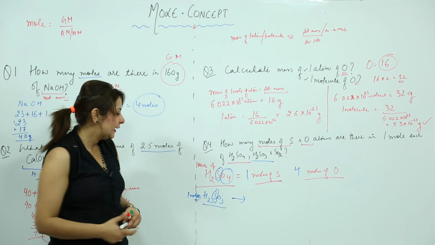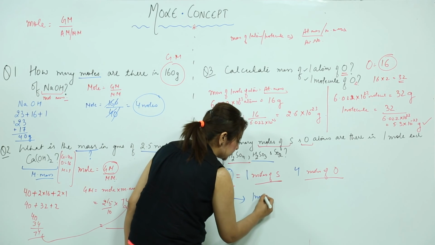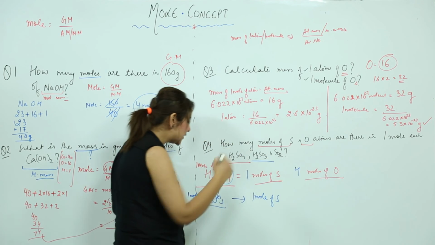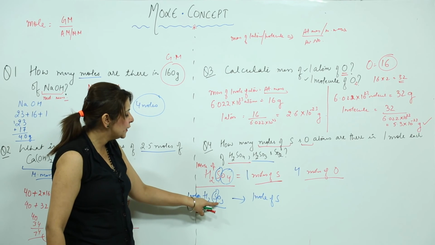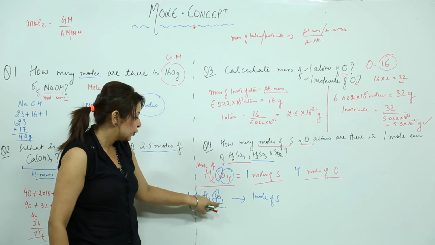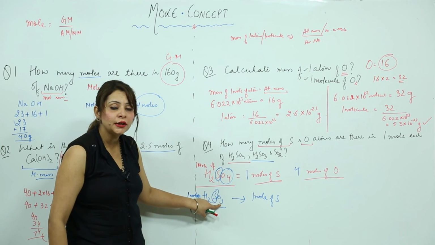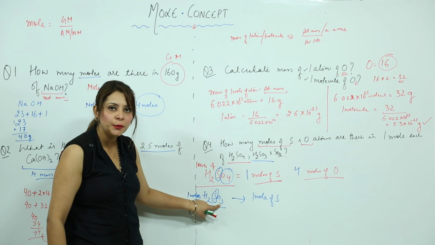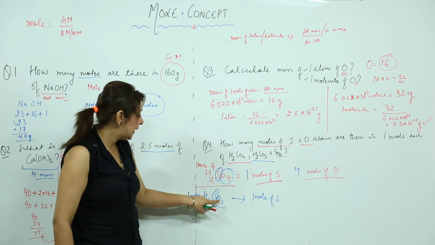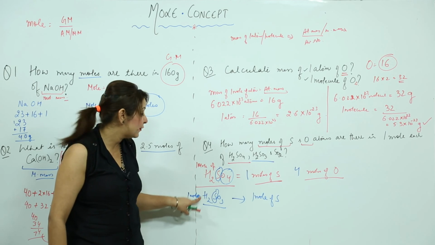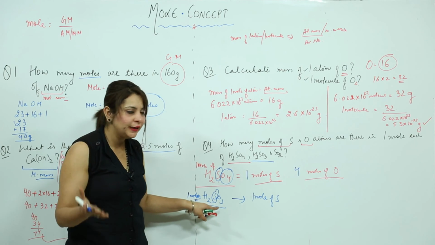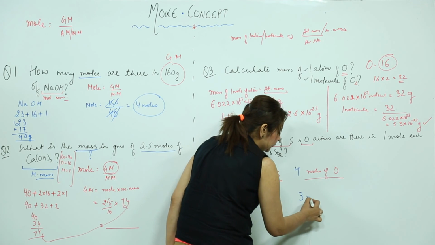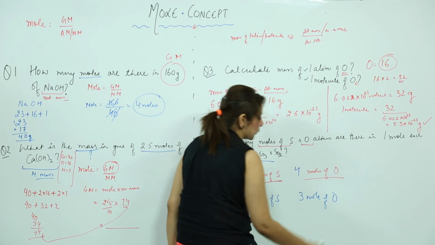Again the same, that is 1 mole of S. And if I ask you for O, how many O atoms are present in this one molecule? 3 atoms. So 1 mole is going to have how many O? It will have 3 moles of O.